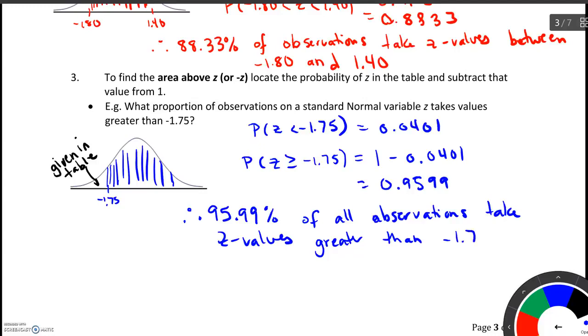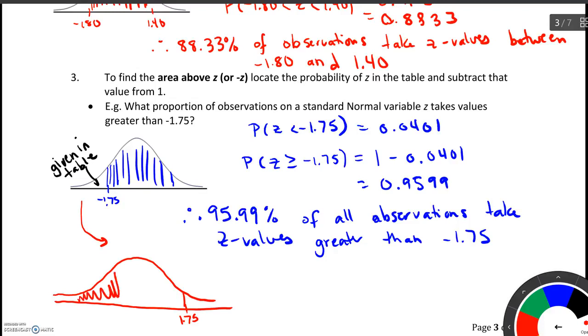than negative 1.75. There is an alternative approach that we can use. Since our bell curves are symmetric, rather than looking up the negative 1.75 value, I can look up positive 1.75 instead. That would give me the cumulative from the far left up to positive 1.75, and that would be the same as looking up negative 1.75 and looking to the right.